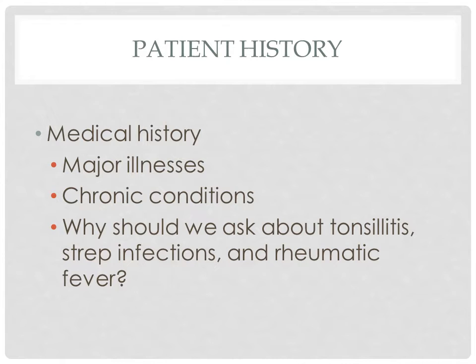You also want to know if they've ever had previous treatment for cardiovascular disease. So why should we ask about tonsillitis, strep infections, and rheumatic fever? All of those may lead to valvular abnormalities, which we'll get into a little later. That is why we need to know about that history.